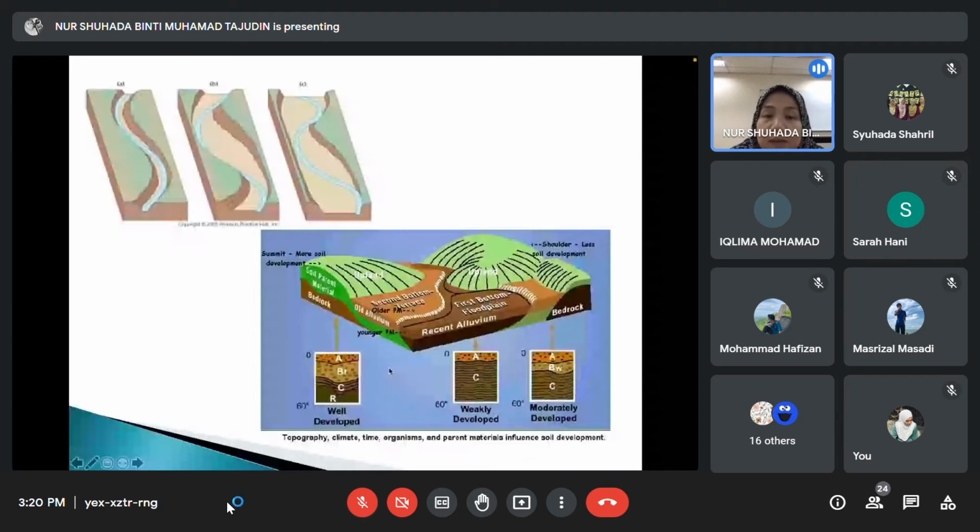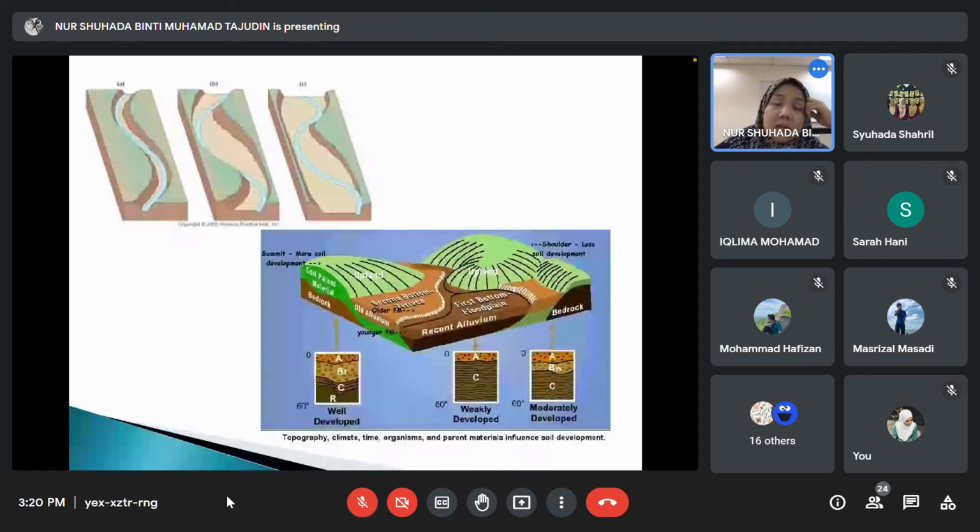That's why initially the river might be small, but because of the collision of the soil with the river dekat tebing tu, dia akan meluaskan lagi sungai tu. But this is what we call natural phenomena. However, yang sebenarnya berlaku nowadays is the other way around.